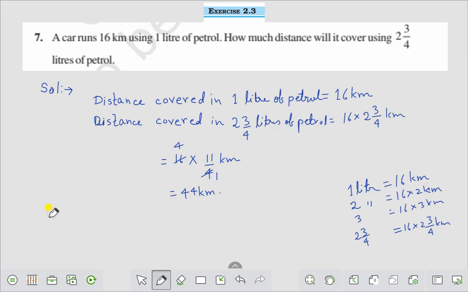Therefore, you can write, how much distance will it cover using 2 whole 3 by 4 liters of petrol?